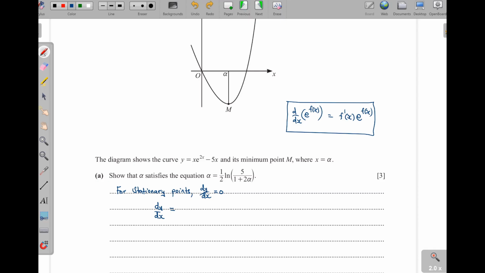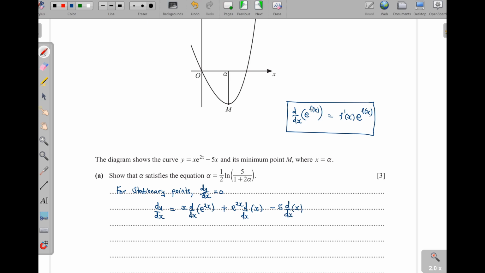So we use product rule. Keep this one constant, then differentiate the exponential. Then next, keep the exponential function constant and then differentiate the x. That is using product rule. Then you also differentiate this one here, 5, then you differentiate that x.